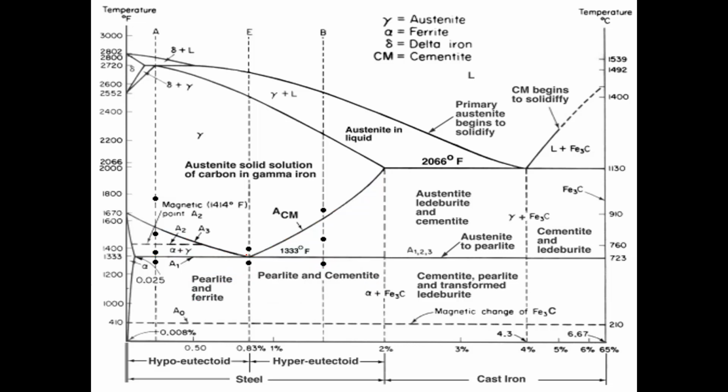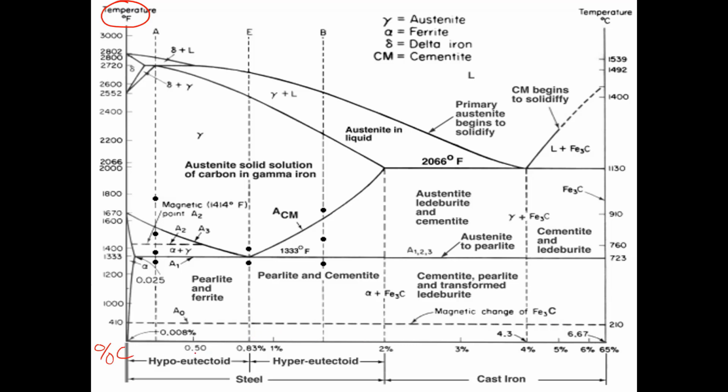So a little review of the iron carbon phase diagram. We have on the left hand side over here, we have temperature in degrees Fahrenheit. On the horizontal down here, we have carbon content. So this is percent carbon down here.